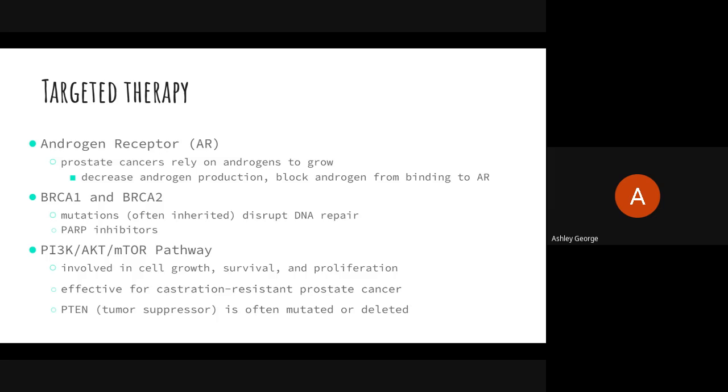So it's the abnormal activation of this pathway that contributes to the cancer progression, metastasis, and even resistance to therapy. And so targeting this pathway with inhibitors has shown promise in both preclinical and clinical studies as a strategy to combat prostate cancer, and especially in cases of the castration-resistant disease, as I mentioned before. So we'll talk a bit more about this. There are a couple key players in here that I will show in a later slide as well.